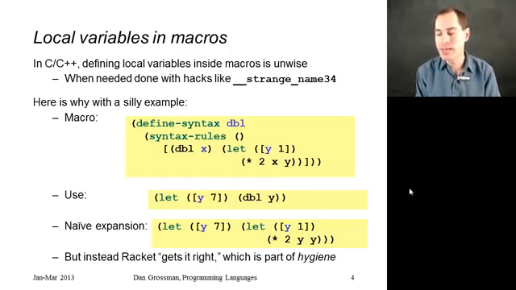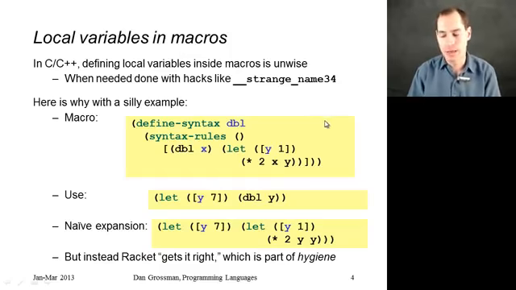And if you ever need to do it, people end up using variable names that probably no one else would possibly use anywhere, like underscore underscore strange underscore name 34. So for all of you, let me explain why people in impoverished macro systems end up doing this, and how Racket has a semantics that makes this unnecessary. You can use local variables in your macros and everything works out fine.